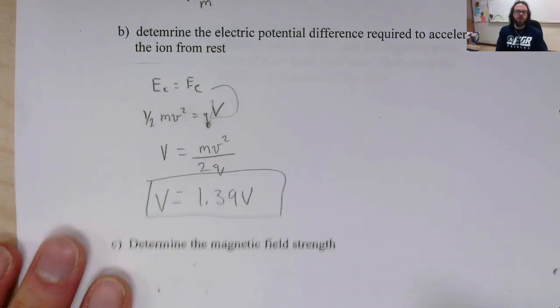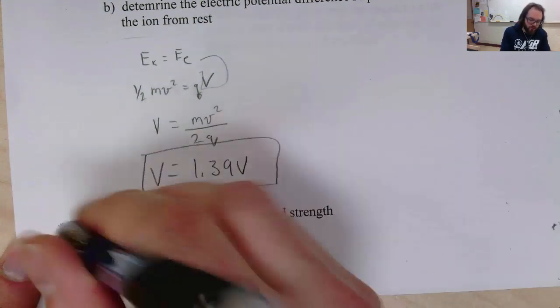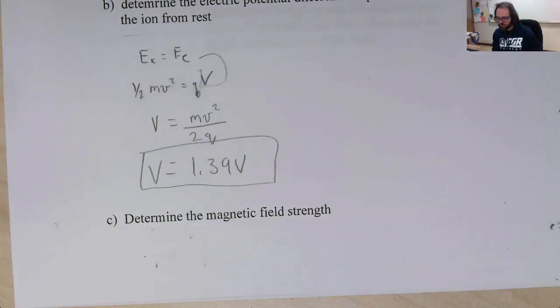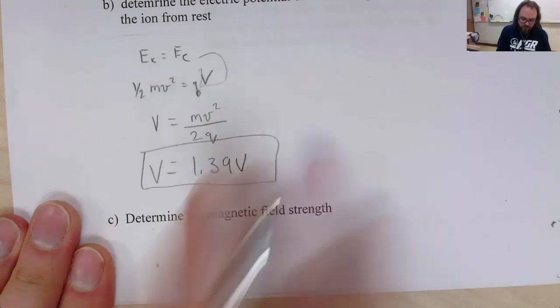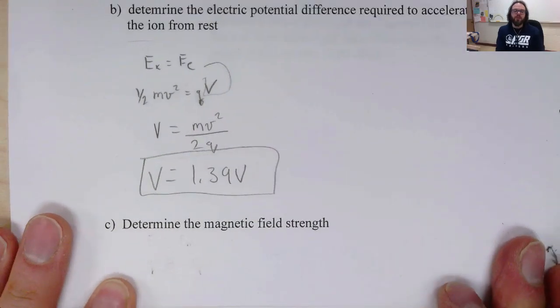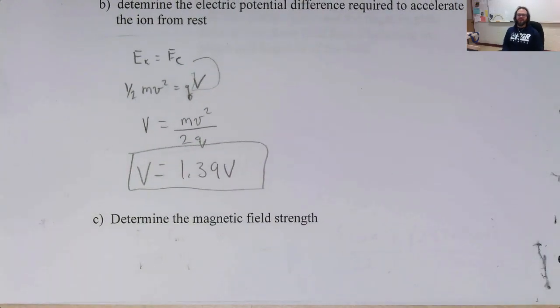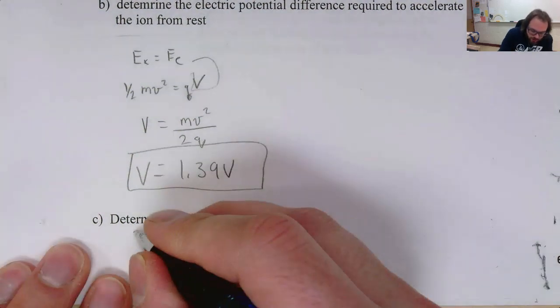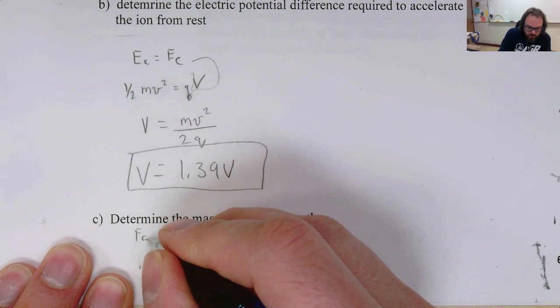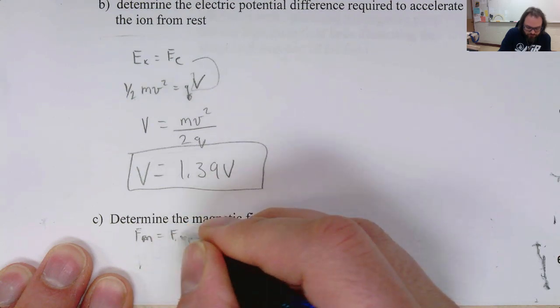Now next, we're going to determine the magnetic field strength. In this one right here, we want to find my magnetic field. If we remember, as soon as we're looking at magnetic field, we're probably looking at my curving chamber. If we're looking at my curving chamber, we're automatically looking at forces because my magnetic force is equal to my centripetal force.